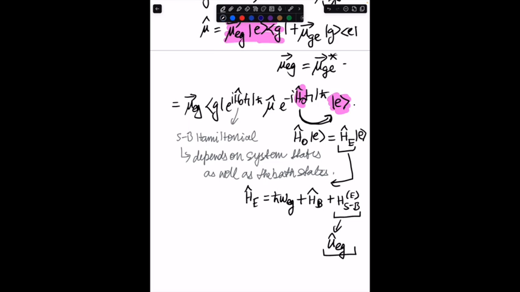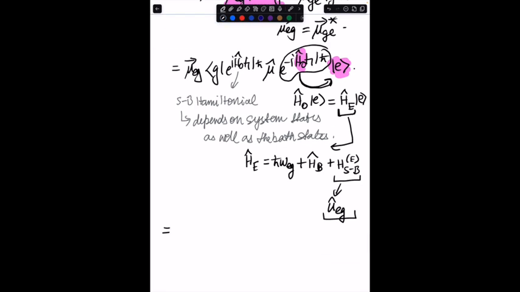So as of now, I'm just going to write this term, e raised to power minus i H0 t1 upon h bar, as e raised to power minus i HE operator t1 upon h bar, right?